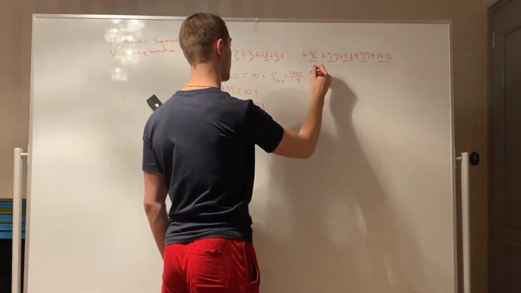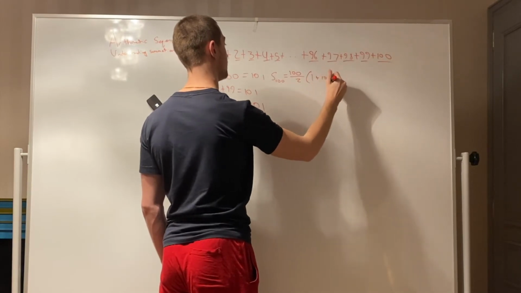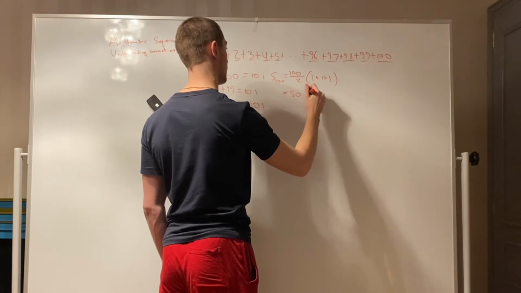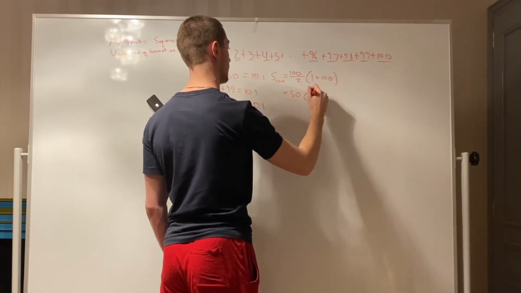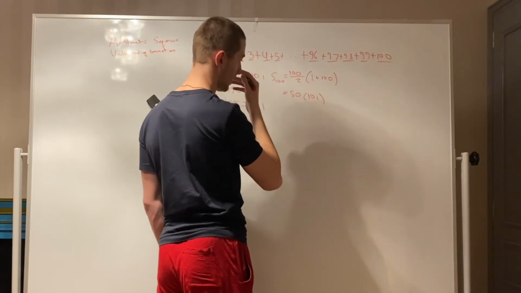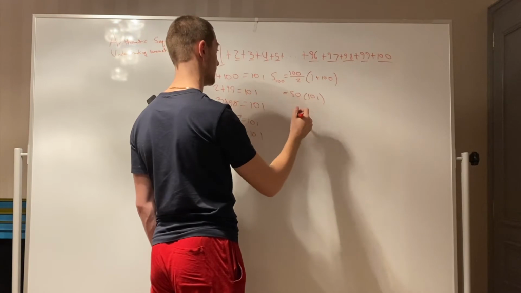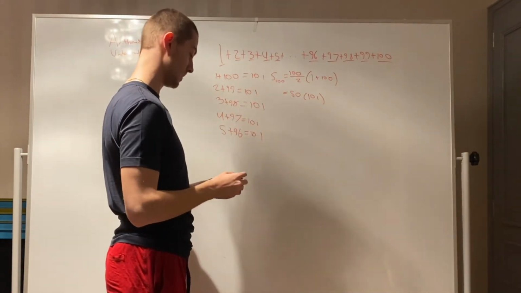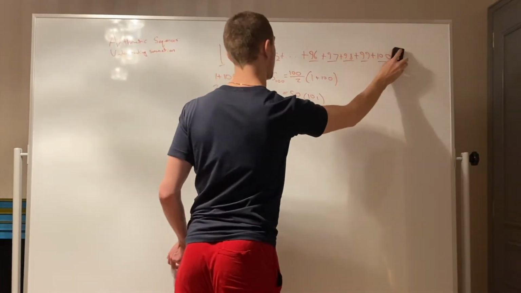Each pair gives us the same sum, which is 1 plus 100. That's 50 times 101. I'm not sure what that is, but that doesn't matter. That essentially shows us how to derive this, and this obviously works with any n number of terms.